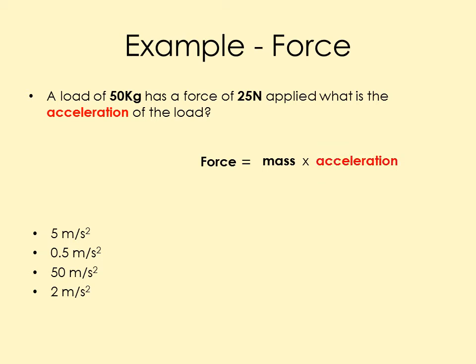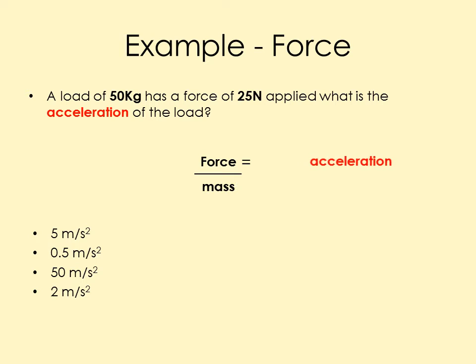So to find out an unknown quantity, in this instance acceleration, mass has to be moved from the right hand side of the equal sign to the left hand side of the equal sign. As mass is multiplied by acceleration, we can move the mass from the right hand side of the equal sign to the left hand side of the equal sign, and it will become a division.